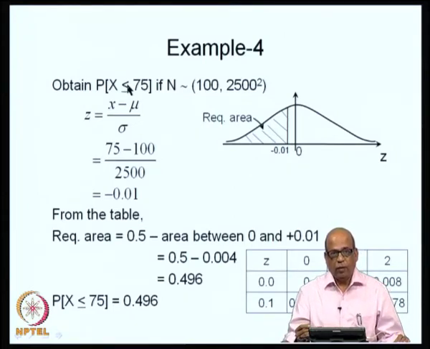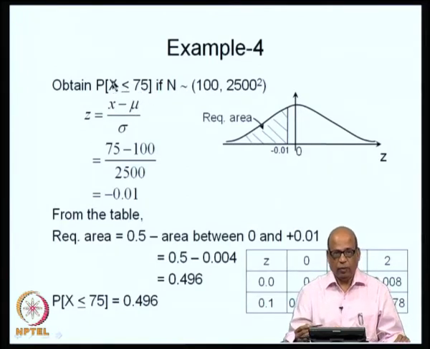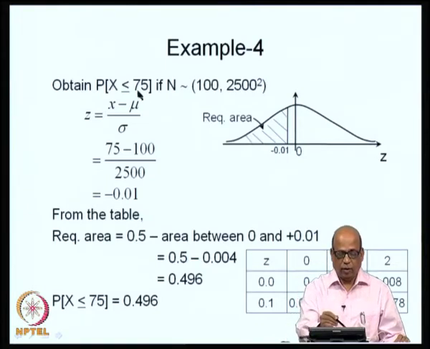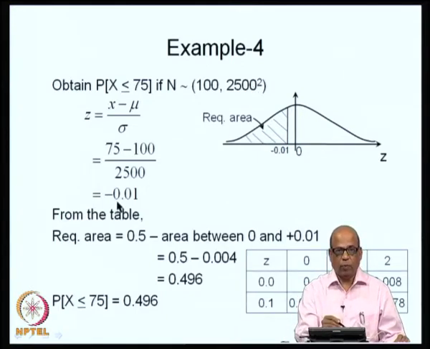So, we convert x into z using z equal to x minus mu over sigma, and therefore the specified values of x are converted into specified values of z. So, 75 minus 100, which is the mean, by 2500, which is sigma square, so this is sigma. So, z is equal to minus 0.01.